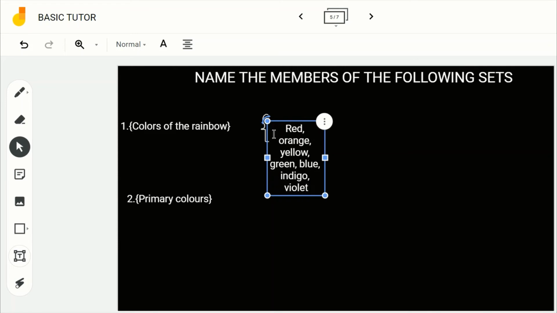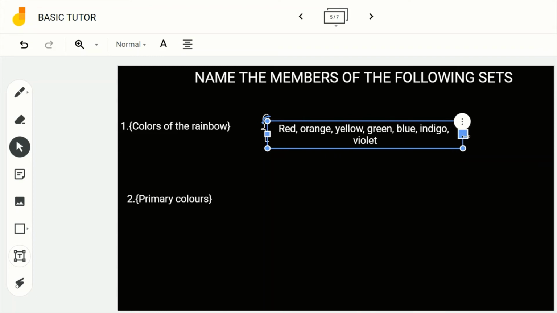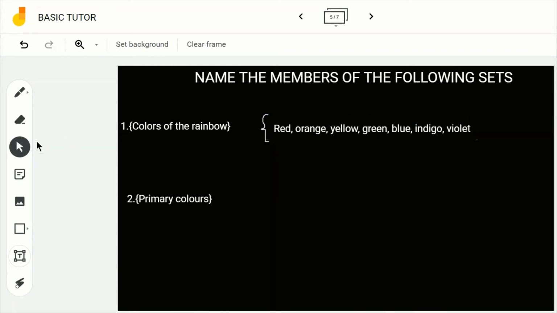So these are the colors of the rainbow. So I can close my brace. So we are saying that red, orange, yellow, green, blue, indigo, and violet make up the colors of the rainbow. So they are members of this set.